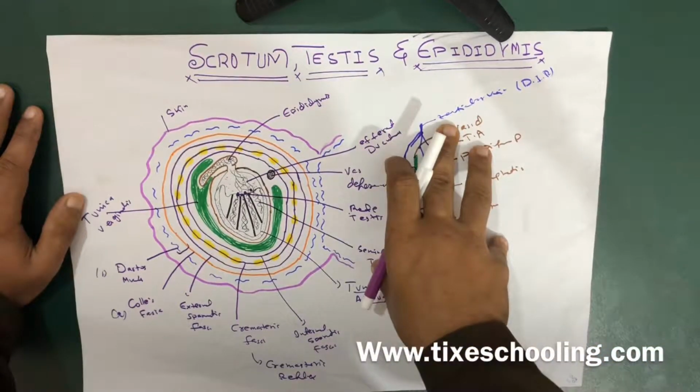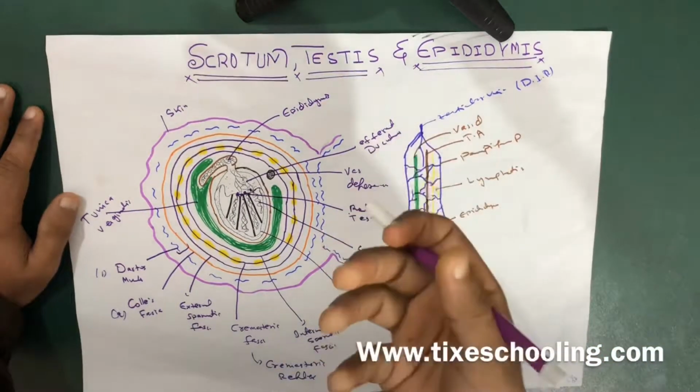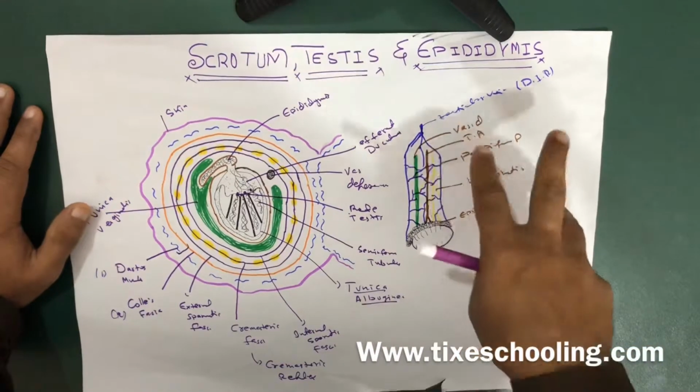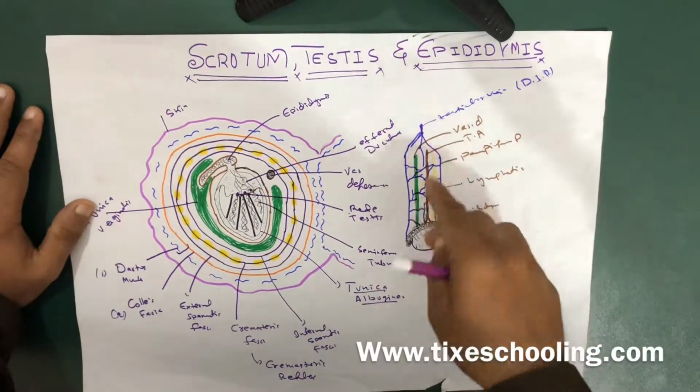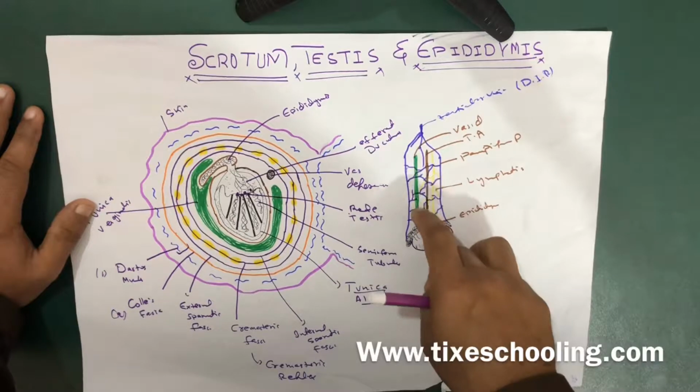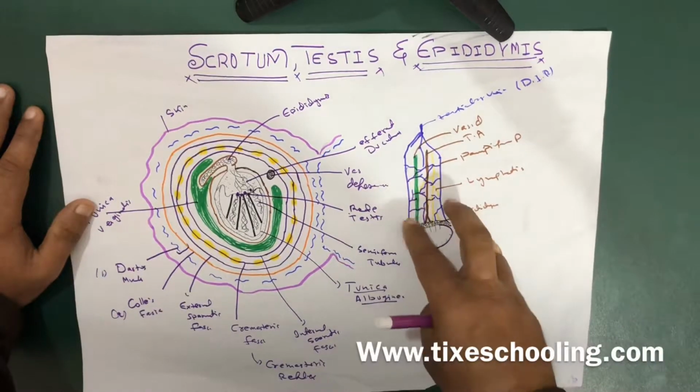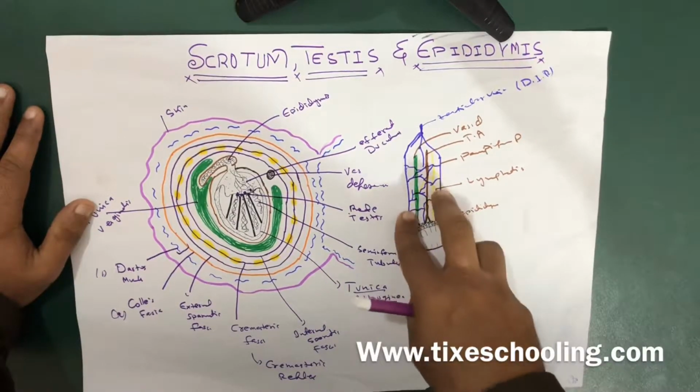And how is the temperature maintained? It's because of these two structures we have already talked about in the spermatic cord: your testicular artery and your pampiniform plexus.